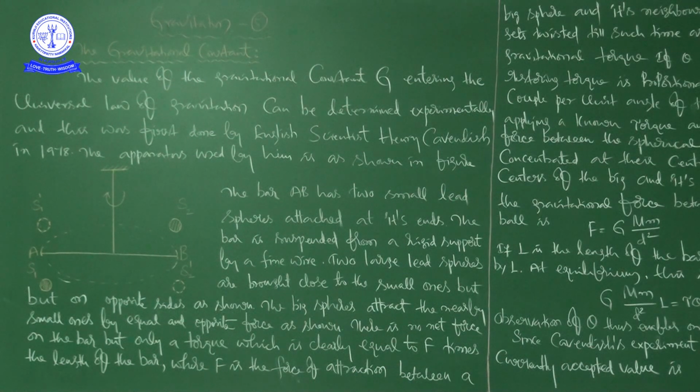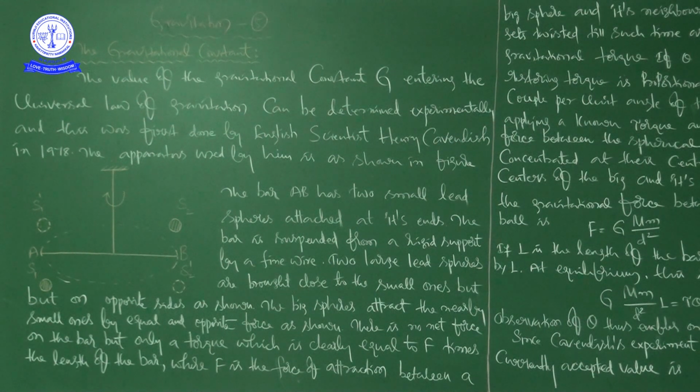Here mM means one is small m and another is capital M, right? But it is not a matter what the notation is. Anyhow, we have to keep in mind, from Newton's law of gravitation, that in this entire universe every two bodies attract with a certain amount of force. The magnitude of this force is directly proportional to the product of their masses and inversely proportional to the square of the distance between them.